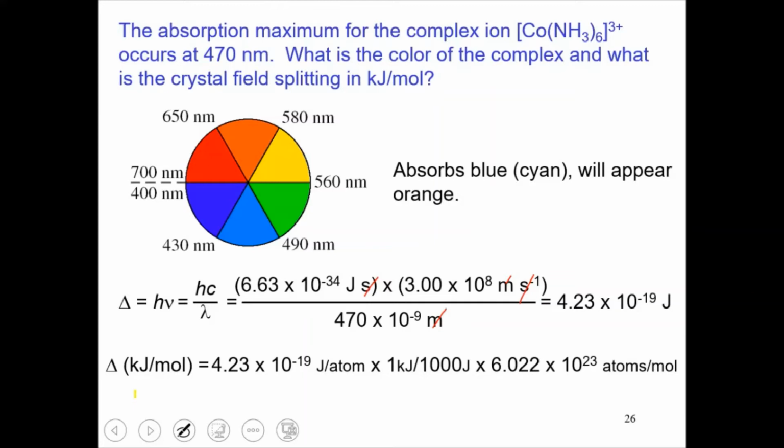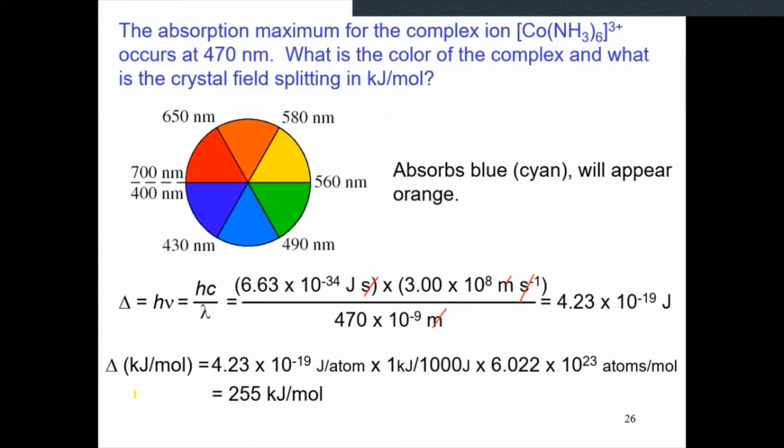So we can take the atoms out and we can take the joules out, and we're going to end up with units of kilojoules per mole. And I believe our final result would be about 255 kilojoules per mole.